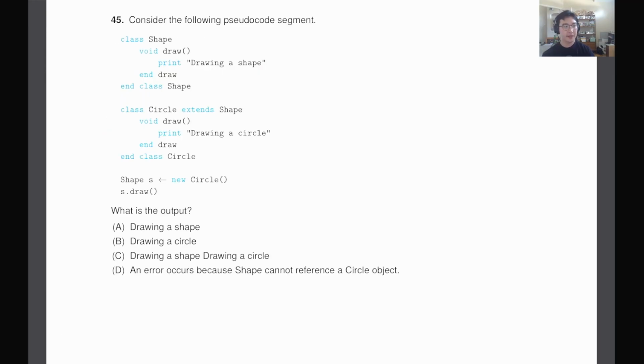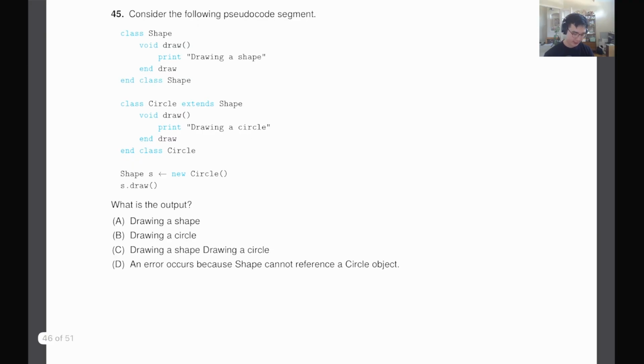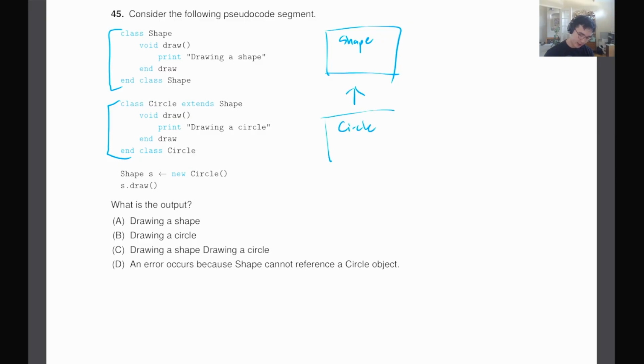Question 45. Consider the following pseudocode segment. We have a class Shape, and a class Circle that extends Shape. To draw that relationship out, we have a Shape class, and extending from it, the Circle class. So Circle inherits from Shape.